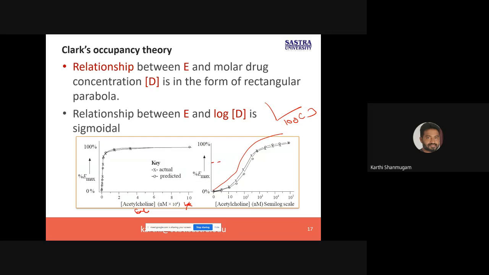For example, this should be the concentration required for 50% of the response. Do you agree? So this should be the Kd value. Because we have 100% here, this is the exact 50% response. This should be the concentration required for producing 50% of the response. Is it understandable?